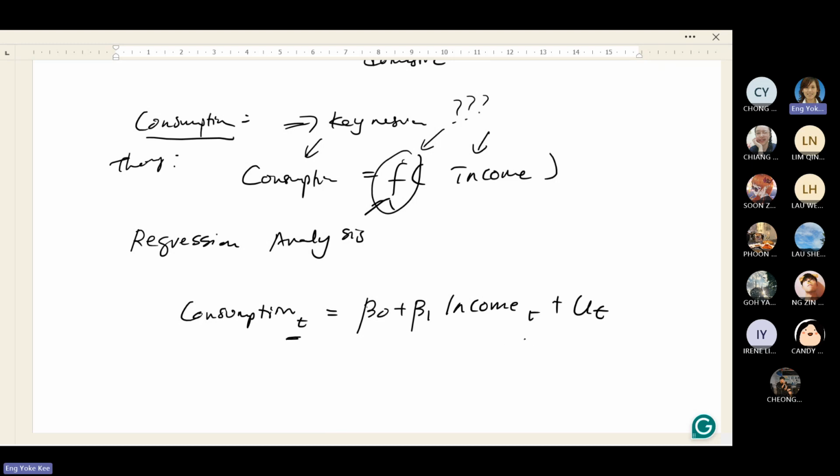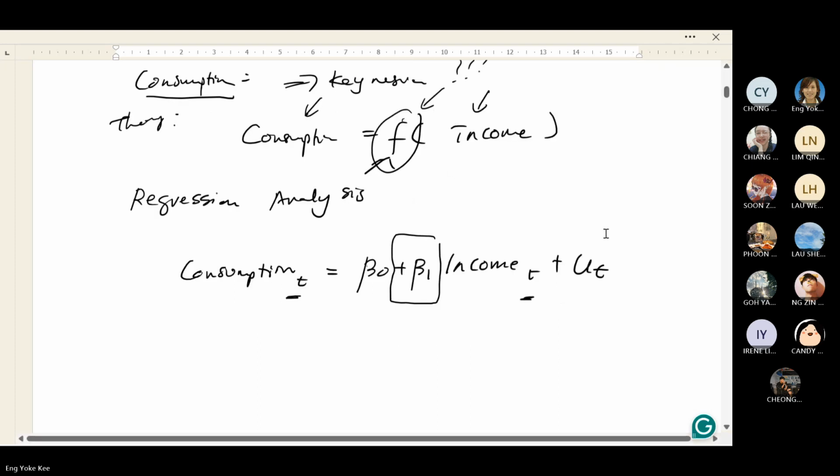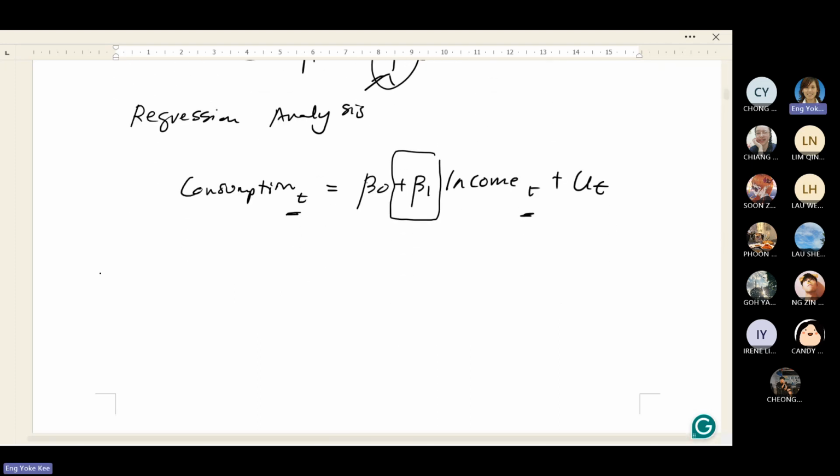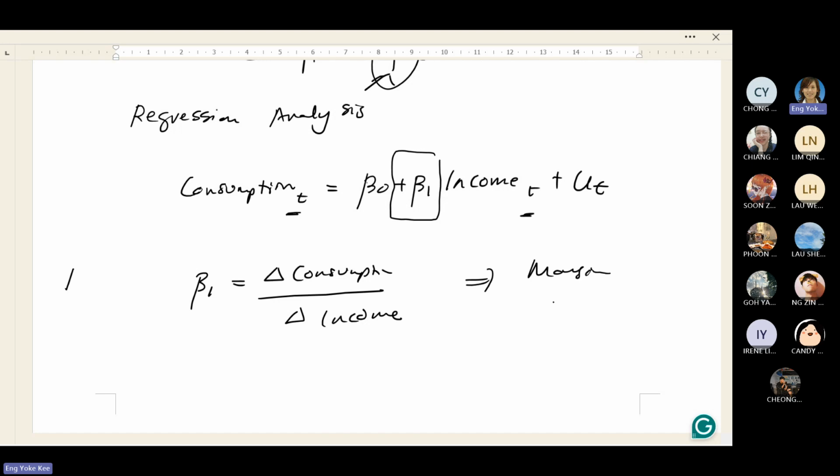Bring the time series data in. You want to look at this number, the beta value. So the beta value tells you what? How much your consumption will change if your income changes. So this beta, in theory, is what we call the marginal propensity to consume, MPC.